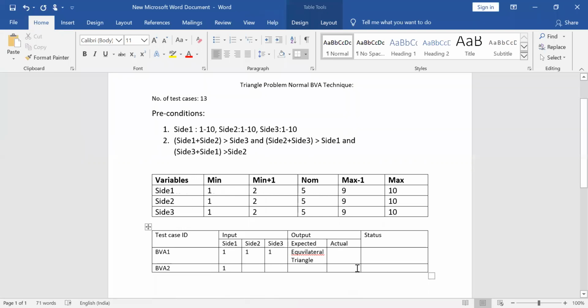Second one, you can just go with the 2. Third one, you can just go with the 1 itself. Or else you change it to 1, 1 followed by 2. Can I form a triangle? As per my knowledge, side 1 plus side 2 should be greater than the third. No. So not a triangle.